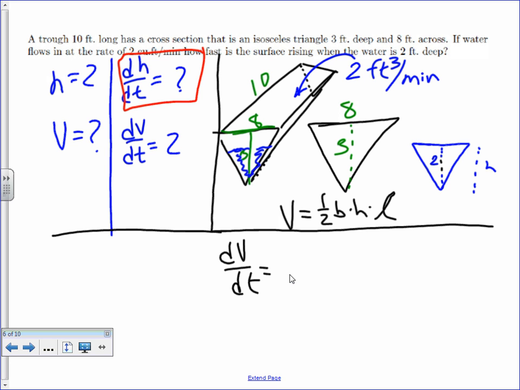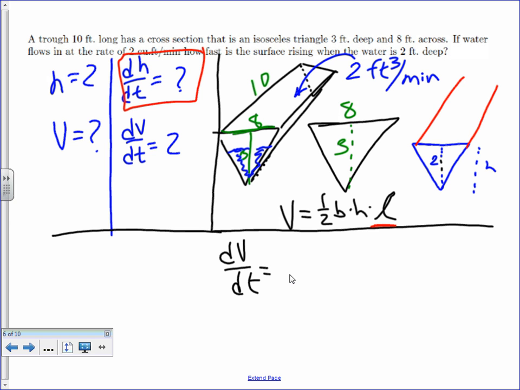So the base, that's the B right here, is the base of the water. As the water fills up, is the length of that changing? Yes, because that triangle's changing, so we can't do it with that. H is the height of the water, it's this right here. As the water fills up, is that changing? Yes, obviously that's changing. L, on the other hand, is the length of the trough, or the length of the water, how far this is going to go back there and fill up with water.